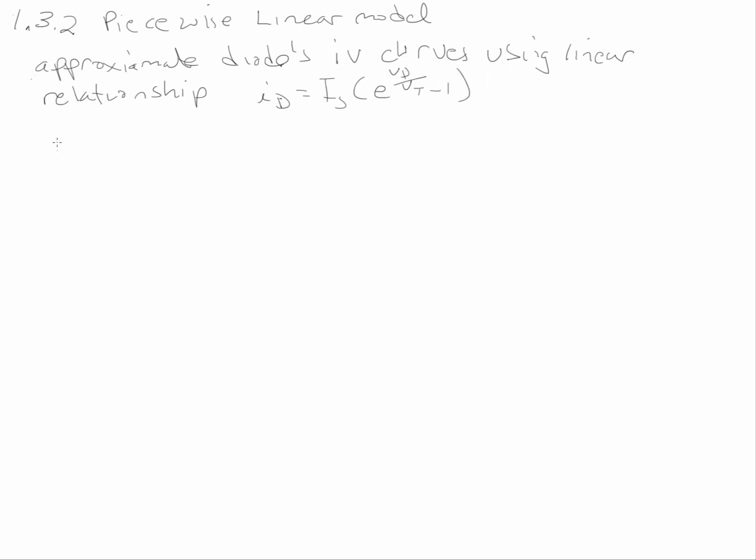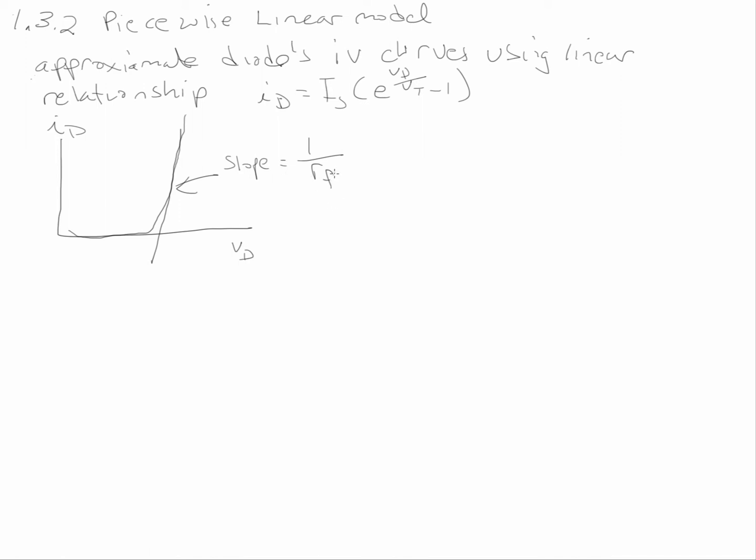And so we have our curve here, with VD and ID, and a diode that's forward biased looks like that. We're just going to basically take a line right here, and the line is going to have a slope equal to 1 over RF.